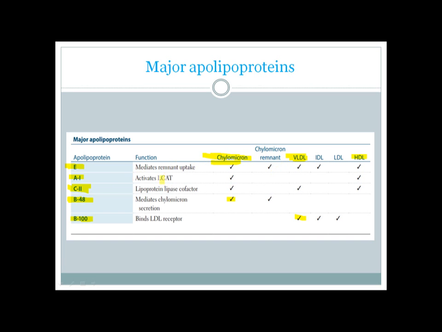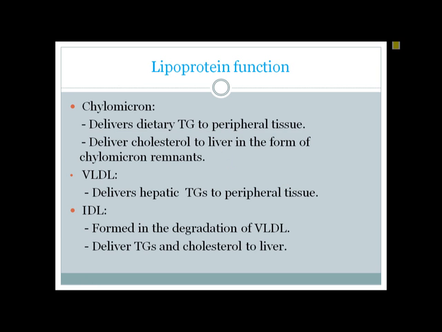Also, you can remember that in HDL, ApoA1 activates LCAT, or lecithin cholesterol acyl transferase, which helps the esterification of the cholesterol molecules. Okay, this is the basic. So I'm reviewing it again.